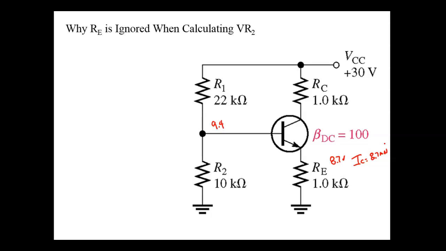So 8.7 milliamps. How much base current would it take to get 8.7 milliamps to flow? So IB would be equal to IC divided by beta. So IB would be equal to 8.7 milli divided by 100. What would that give us?